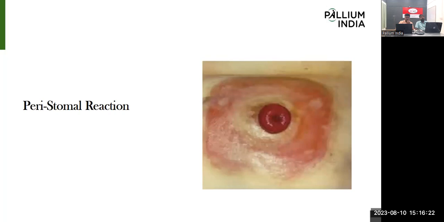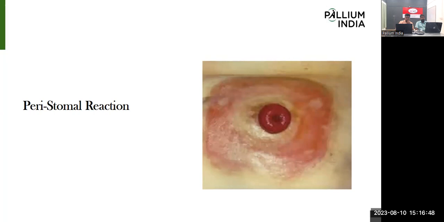Then this one is the peristomal reaction. Peristomal area means the surrounding area of the stoma. Already I told you, while using the colostomy bag, the size should not be too loose or too tight. If it is too loose, there is a chance for the peristomal region to come in contact with the fecal matter and waste material.